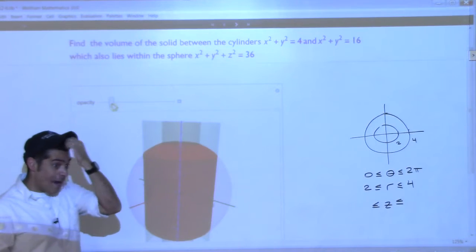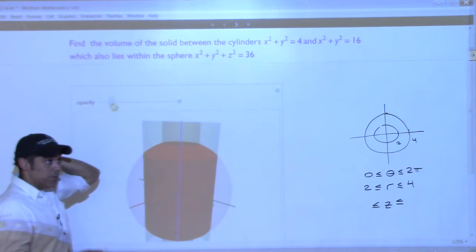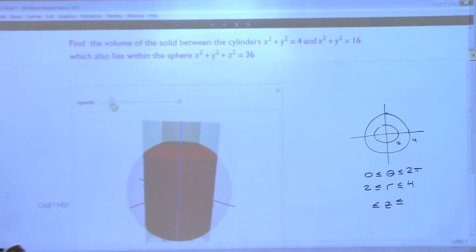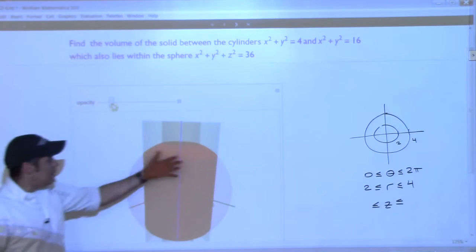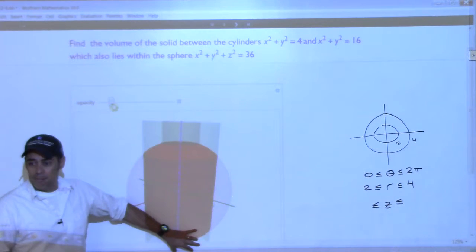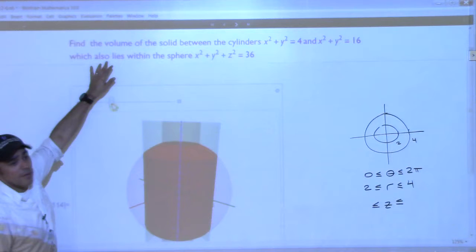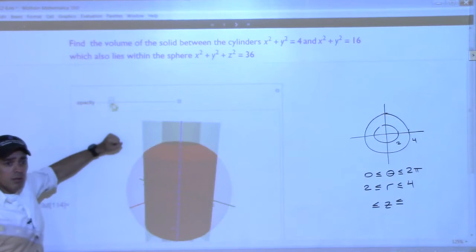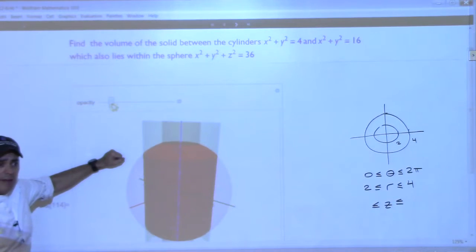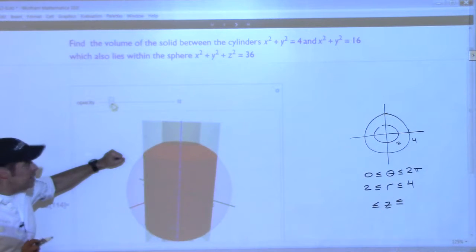Okay, since we're asking this, let's think through this because this is super important. I think what you're suggesting is we use some of the symmetry here, that the top half and bottom half look the same. The question is asking for the volume, so we can do that. But I just want to be careful here.